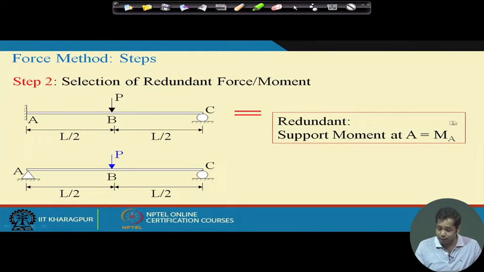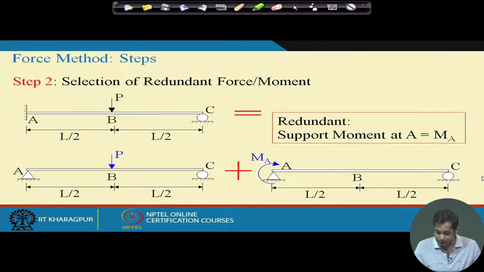If the redundant is the moment at A, then the associated displacement is the rotation, so we need to release that at point A. So, the fixed support becomes a hinge support. This becomes the basic determinate structure, very often called the primary structure. Plus the same structure subjected to only the redundant, which in this case is the redundant moment Ma. Again, the principle of superposition says that this plus this is equal to this. So, this is step 2.